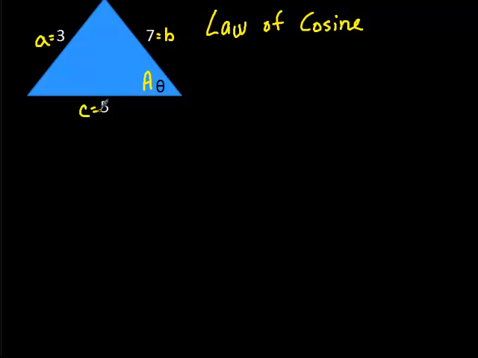So we plug all this into our formula, which is a squared equals b squared plus c squared minus 2bc cosine of A. We plug it all in.